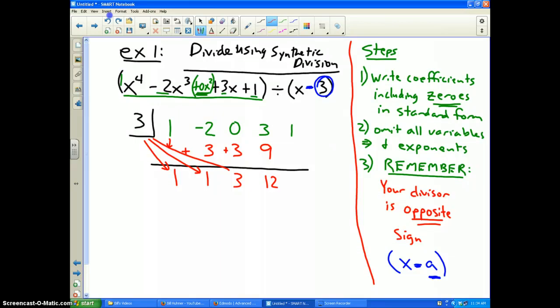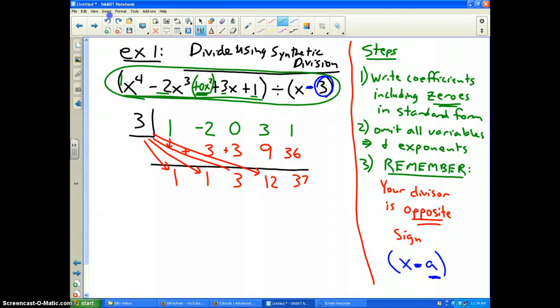And then the last step is to multiply the 3 times the 12, and I get 36, and I add them together and I get 37. And you've already done your division. You've done this particular problem. Now all you have to know is how to write the answer.